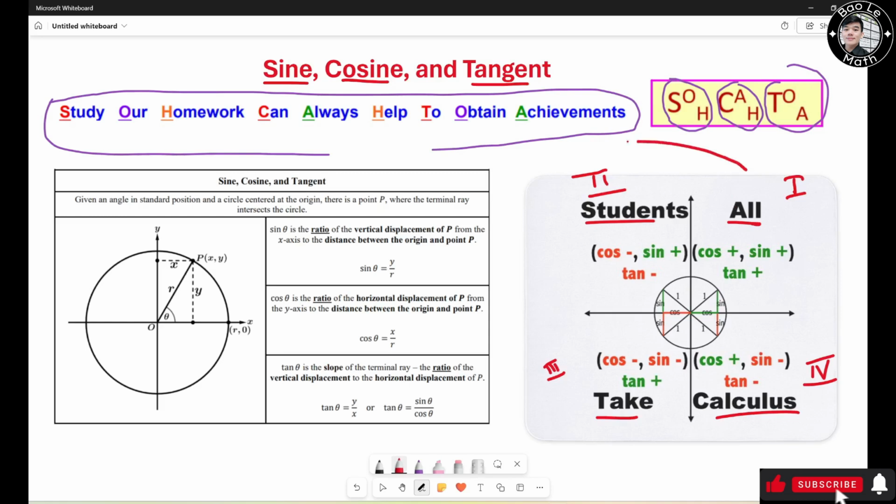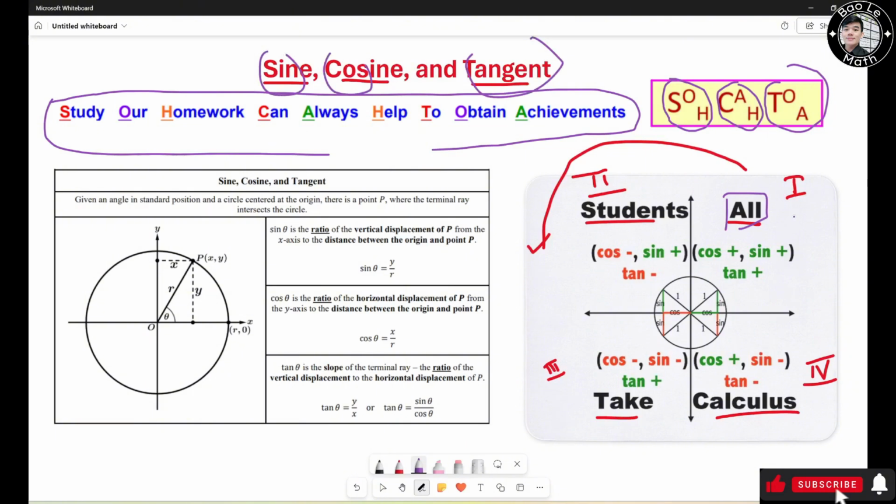Going counterclockwise, All goes on the first quadrant, Students goes on the second quadrant, Take goes on the third quadrant, and Calculus goes on the fourth quadrant.